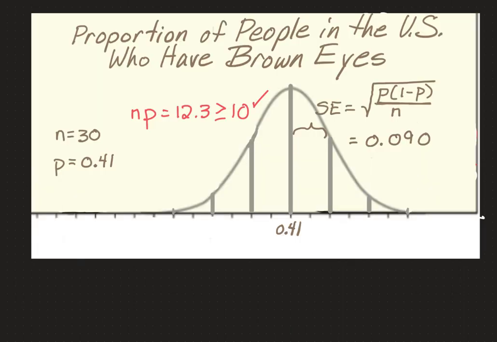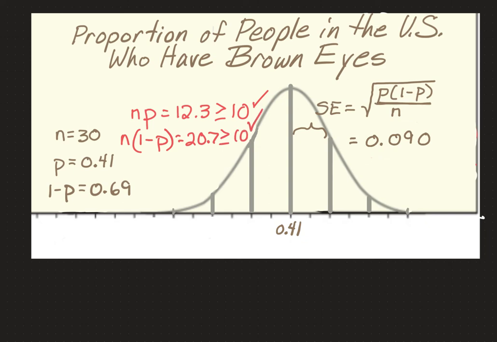Here's the distribution again. In this case, n equals 30, p equals 0.41, so n times p equals 12.3, which is greater than or equal to 10. Oh yeah, it is. And then we have 1 minus p, which is equal to 0.69, so that 30 times 0.69 equals 20.7, which once again is greater than 10.